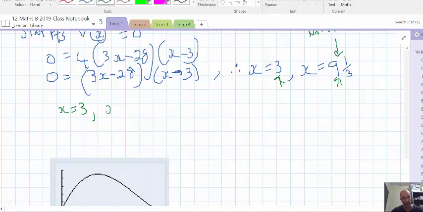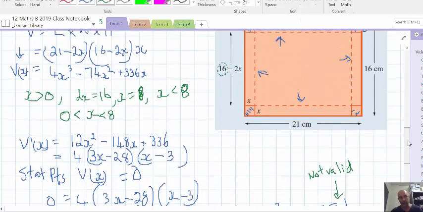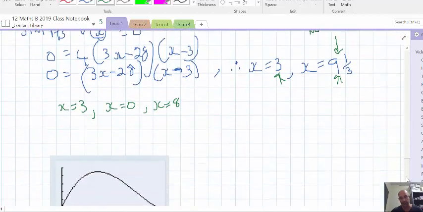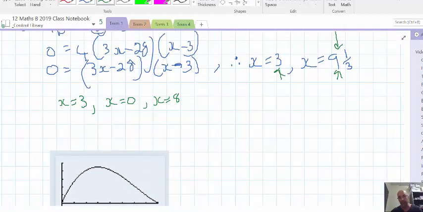And if we look at the two ends of the domain here, 0 and 8, we need to set x equal to 0 and x equal to 8 and test the values there, because we want to maximize the volume. If you go back up here, the largest possible volume. So we want to maximize that. Also we need to double check that that's a stationary point. Is it a maximum?